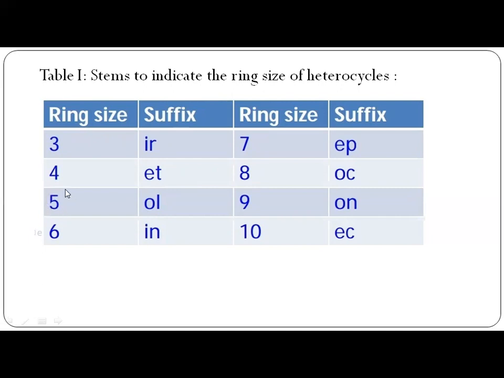For a 5-member ring, the suffix will be ol. For a 6-member ring, the suffix will be in. For a 7-member ring, the suffix will be ep. For an 8-member ring, the suffix will be oc. For a 9-member ring, the suffix will be on. For a 10-member heterocyclic ring, the suffix will be ec.